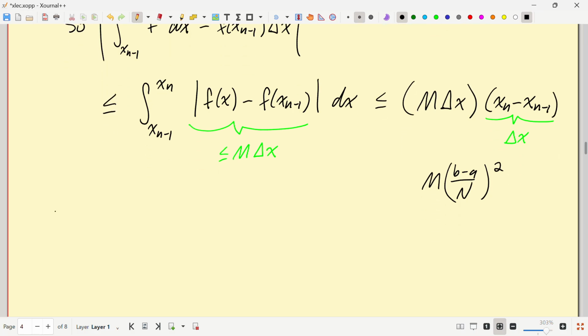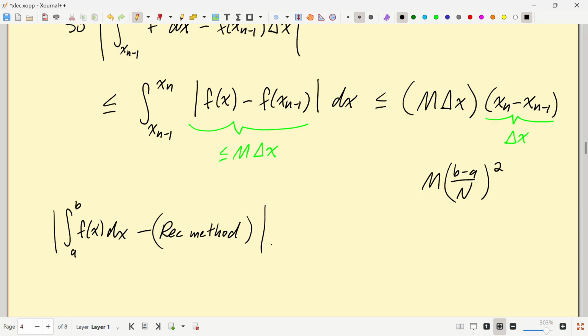So when I add them up, if I go all the way from a to b of f of x dx minus the rectangle method formula, that would be a sum of N local errors.